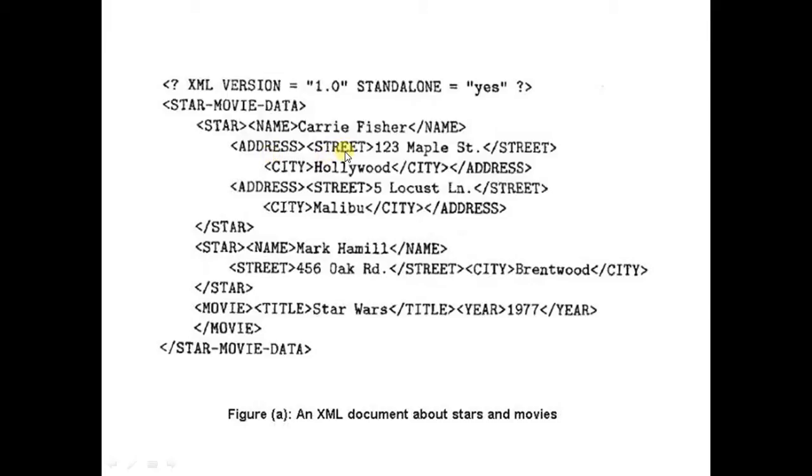Also, if you see the tag street, the data between the street tags tells us that this is some street name. So is the case with the city or the address. All those tags are providing some sort of information, and the data between the tags is the unstructured part. So XML data is also termed as semi-structured data.